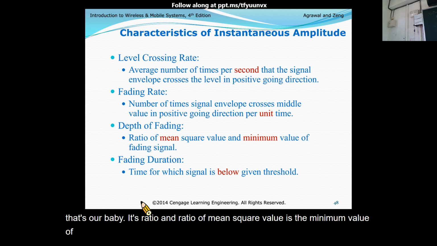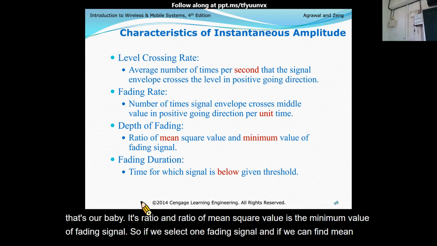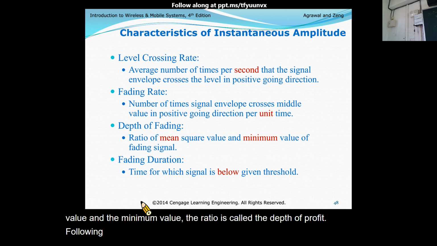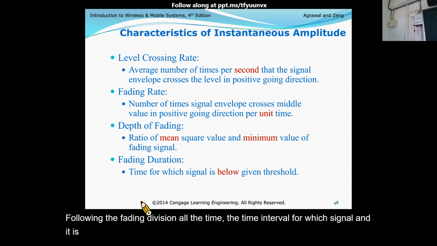So if we select one fading signal, and we can find its mean value and minimum value, the ratio is called the depth of fading. Finally, the fading duration. It is the time interval for which the signal is below the specified threshold, and this is called the fading duration.